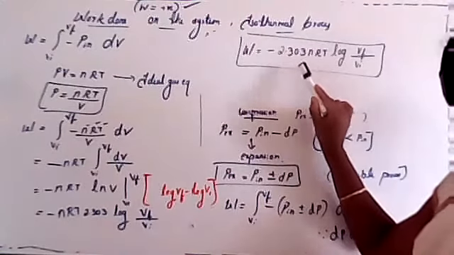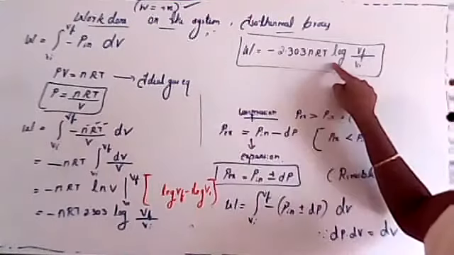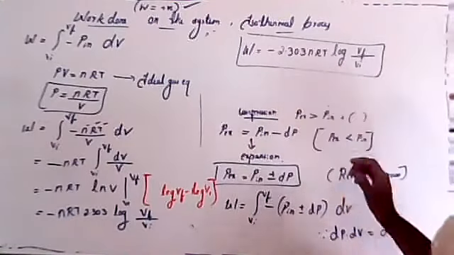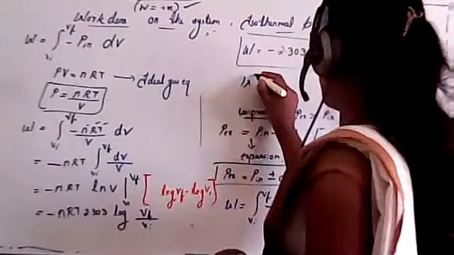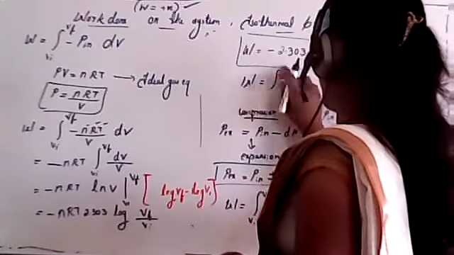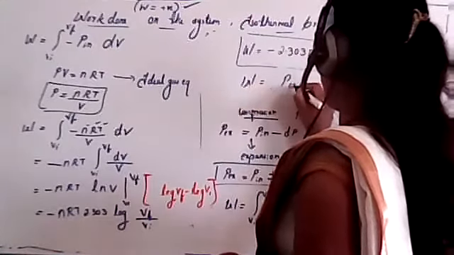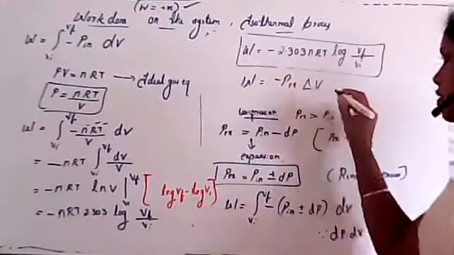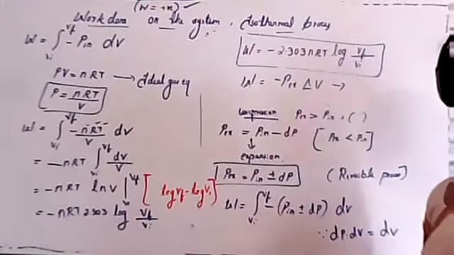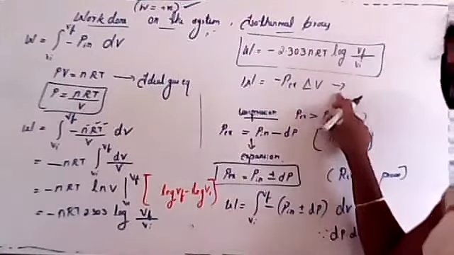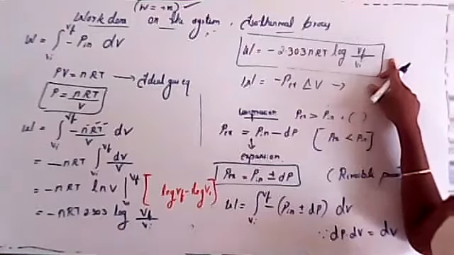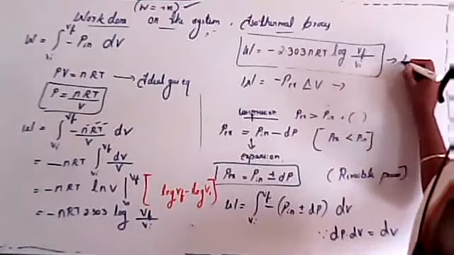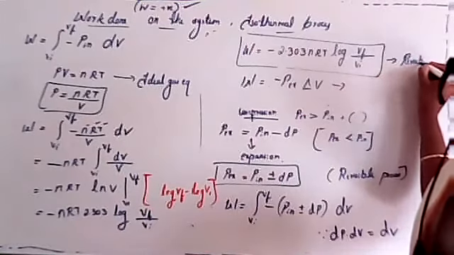This is the work done expression for the reversible process. And another one is W equals minus P external delta V, P external delta V. This one is for the irreversible process. And this is for the reversible process.